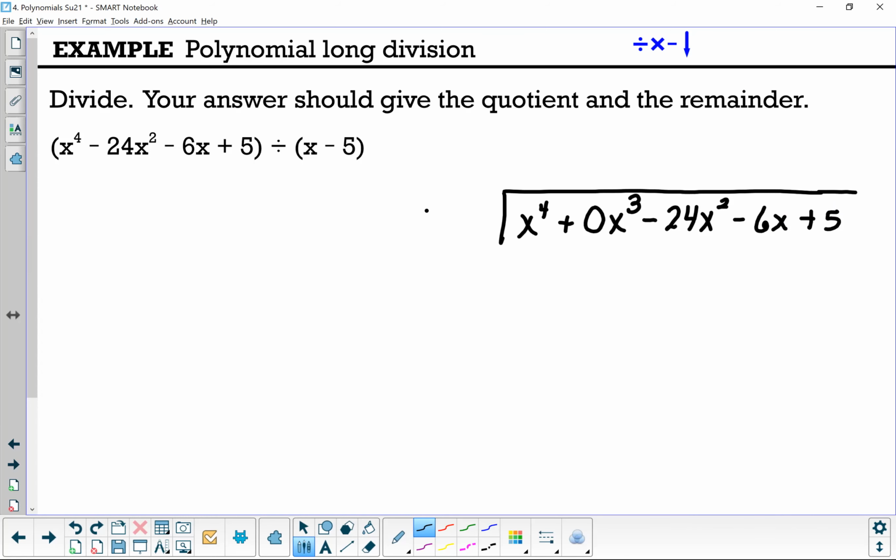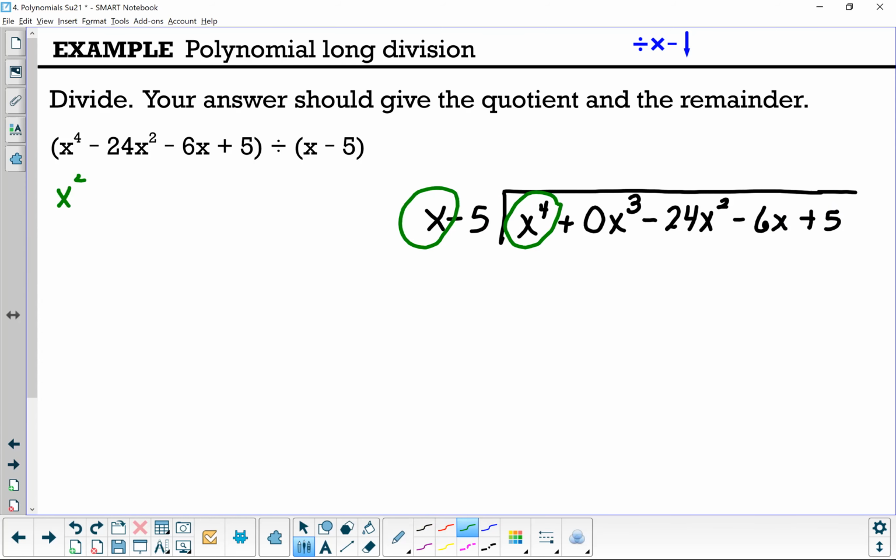Our divisor, x minus 5. Okay, and as always, you want to begin with divide, then you multiply, and then you subtract, bring it on down and bring it on back. So divide x to the fourth by the 1x.